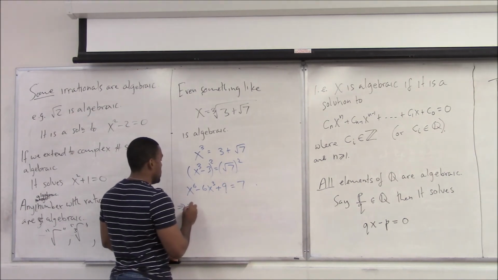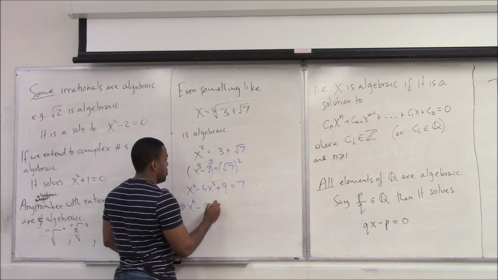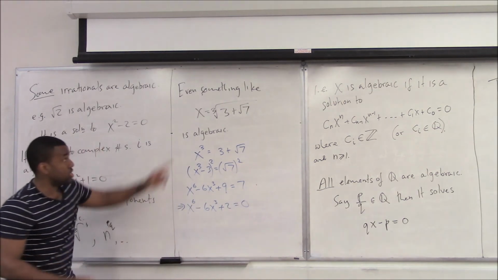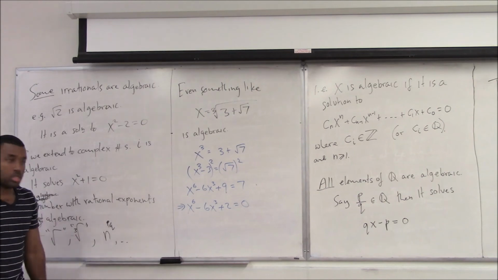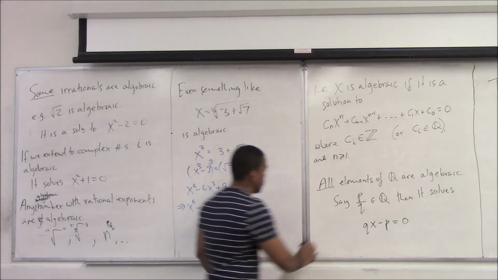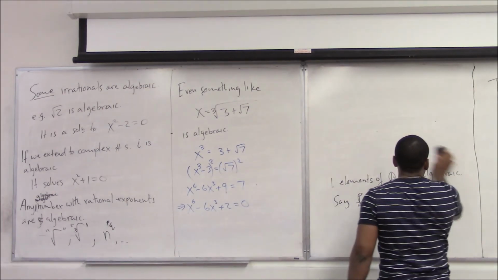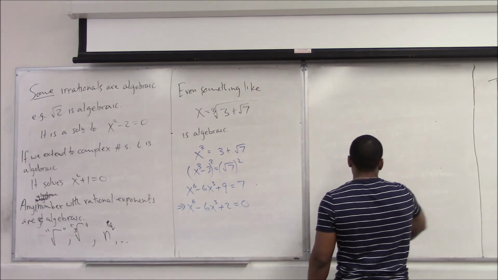And so that would mean x to the 6 minus 6x cubed plus 2 equals 0. So this is actually the solution of a polynomial with integer coefficients. Complicated things like that happen. You can do it with anything.